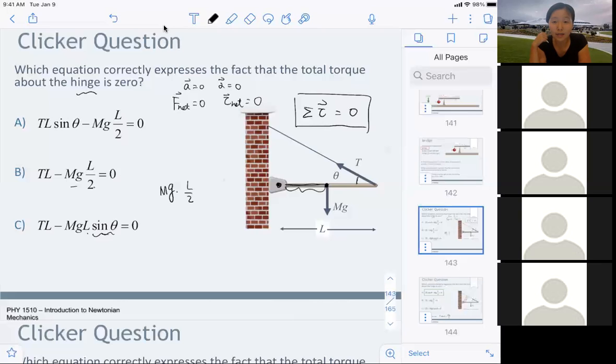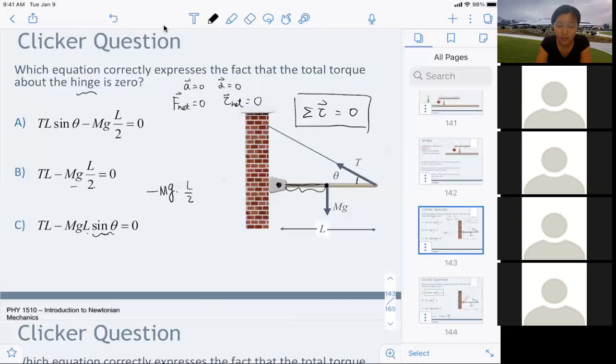And then let's add the plus or minus sign. If we say counterclockwise is positive, gravity is pulling it down, trying to rotate the beam about the hinge in the clockwise direction. So that torque is negative. We're going to put a negative sign for the torque by gravity.